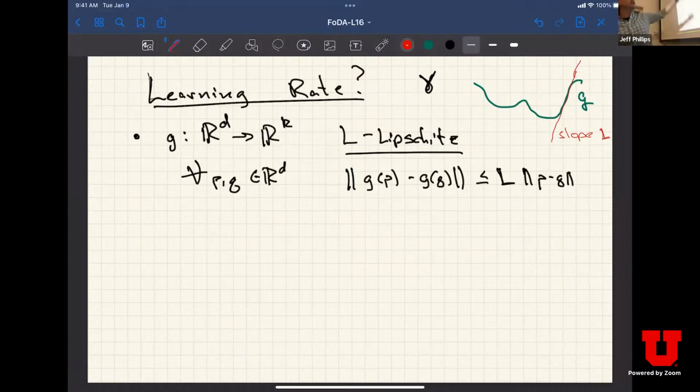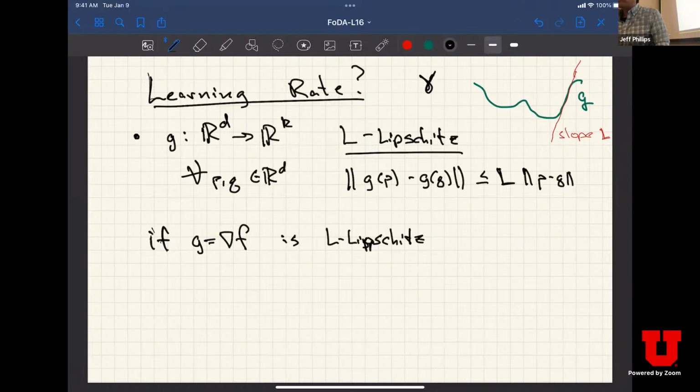Okay, and I didn't use F here because I normally want to apply this on the gradient, right? The gradient goes from R^D to R^D. So if G equals the gradient of F is L-Lipschitz, and we set gamma to be less than or equal to 1 over L, okay?